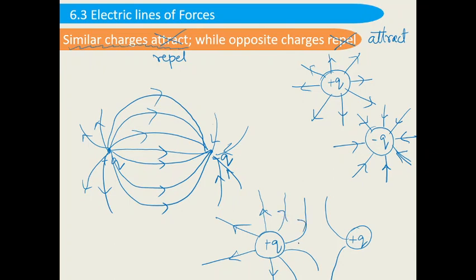Actually the electric lines of forces should be straight, but there is another electric line of force in the same direction which is not accepting it. Actually it should be like this, the arrows away from each other, away from the charge. So that's why there is a mismatch.